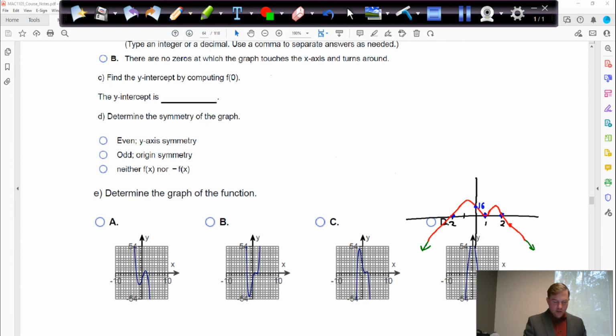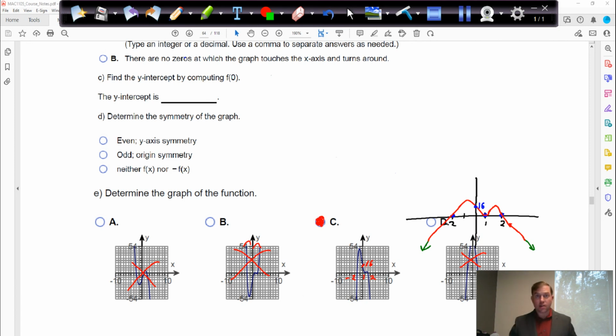This one's rising left, falling right, so that one's out. This one's rising on both sides, so that one's out. And then it's hard to see with my camera window here, but this one is symmetrical and it doesn't quite look right. So this is where it crosses at 16, and you have your -2, and you have your +1 and +2. So the answer is going to be C.